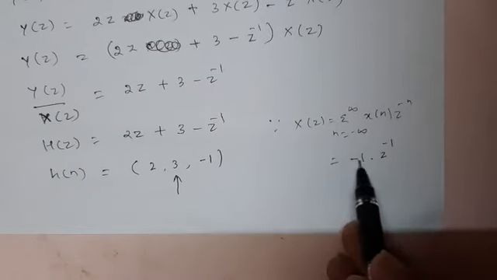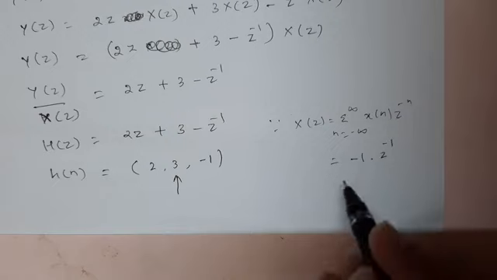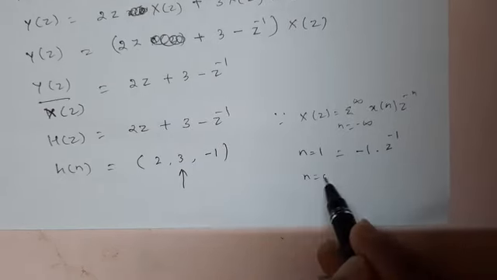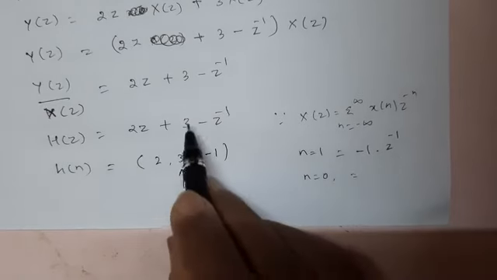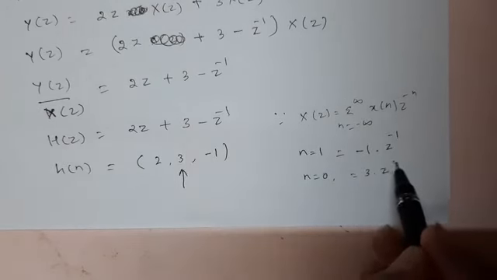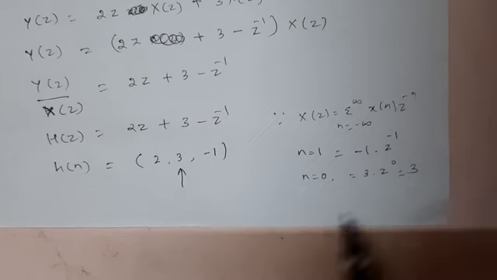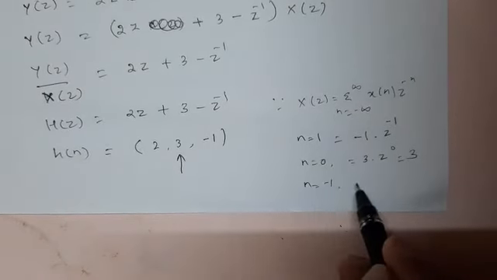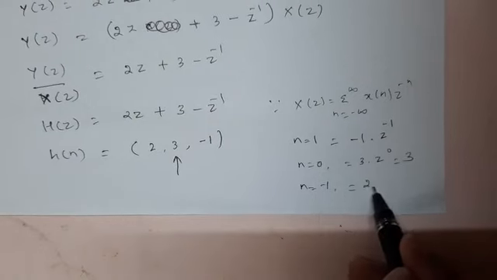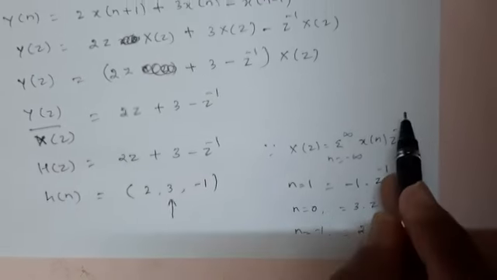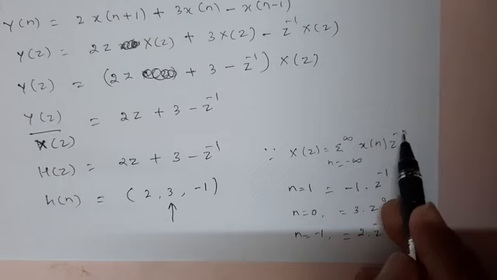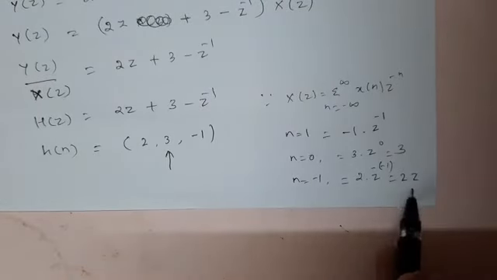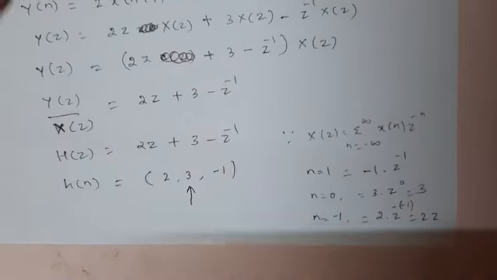At n equal to 0 the sample is 3 into z to the power 0, which is only 3. At n equal to minus 1 the sample is 2, so 2 into z to the power minus of minus 1, so it is 2z. You get a positive power of z, and hence I am able to write this.